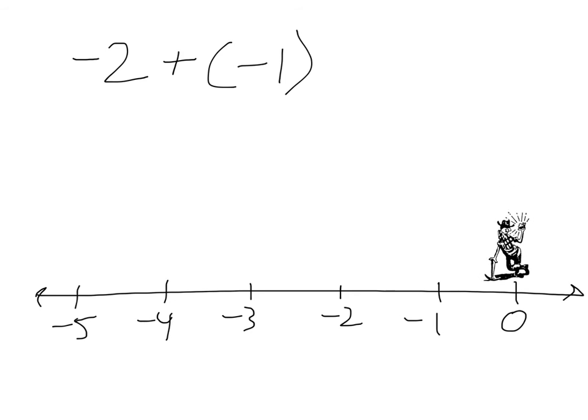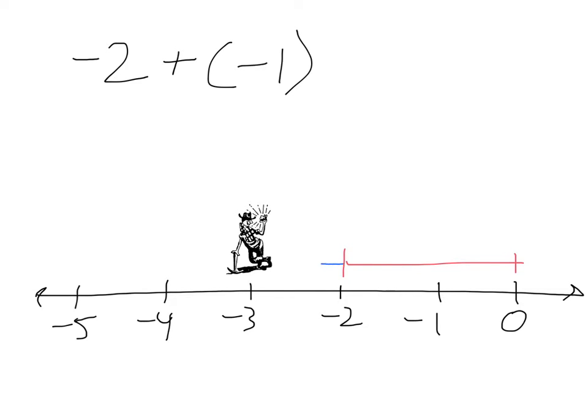Lower him down, move him over to the 0. And let's see, negative 2 plus negative 1 says, walk backwards 2. Okay. And then, walk backward another 1. And that puts us to our negative 3. So we started by going backwards to negative 2, and went backwards another 1 to negative 3.